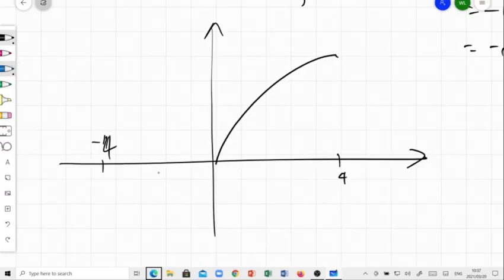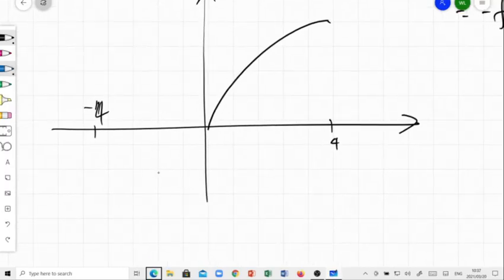Now let me explain. What do I mean by symmetric around the origin? I simply draw a distance from the origin to that point, and I reverse it through the origin, keeping the distance exactly the same.